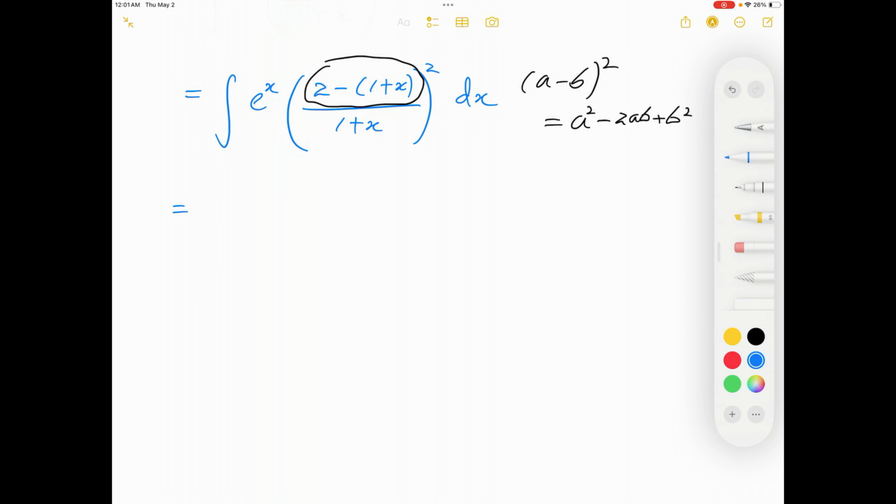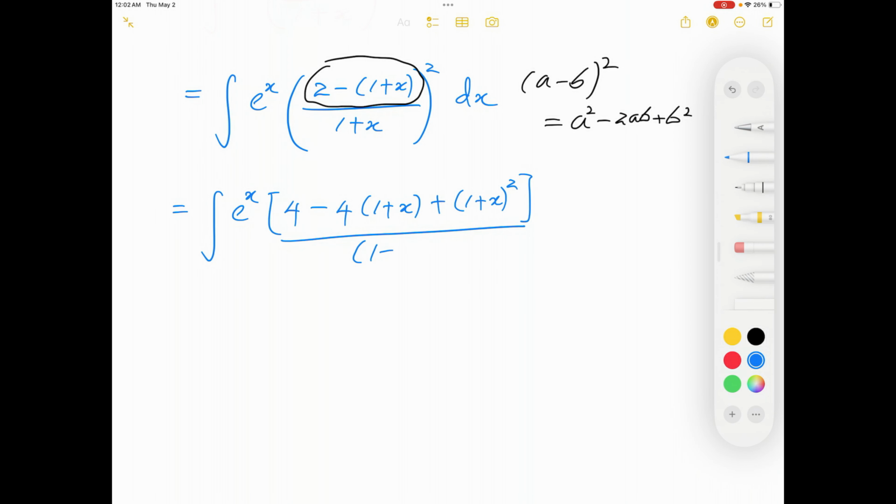Now this integral becomes integration e to the x. On the numerator, I will have 2 raised to the second power, which is 4, minus 2 times 2 times 1 plus x, which is 4 times 1 plus x, plus 1 plus x raised to the second power. In the bottom, I will have 1 plus x raised to the second power and dx.